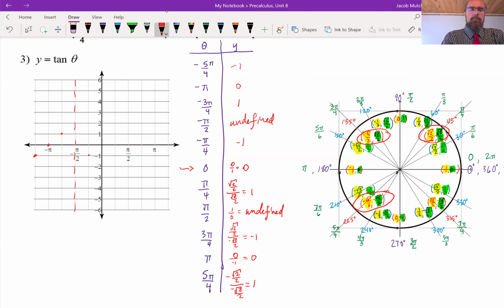So now I'm at negative pi over 4, which is negative 1, 0 is 0, pi over 4 is 1, pi over 2 is undefined. And then the pattern again. So 3 pi over 4 is going to be negative 1, pi is 0, 5 pi over 4 is positive 1.